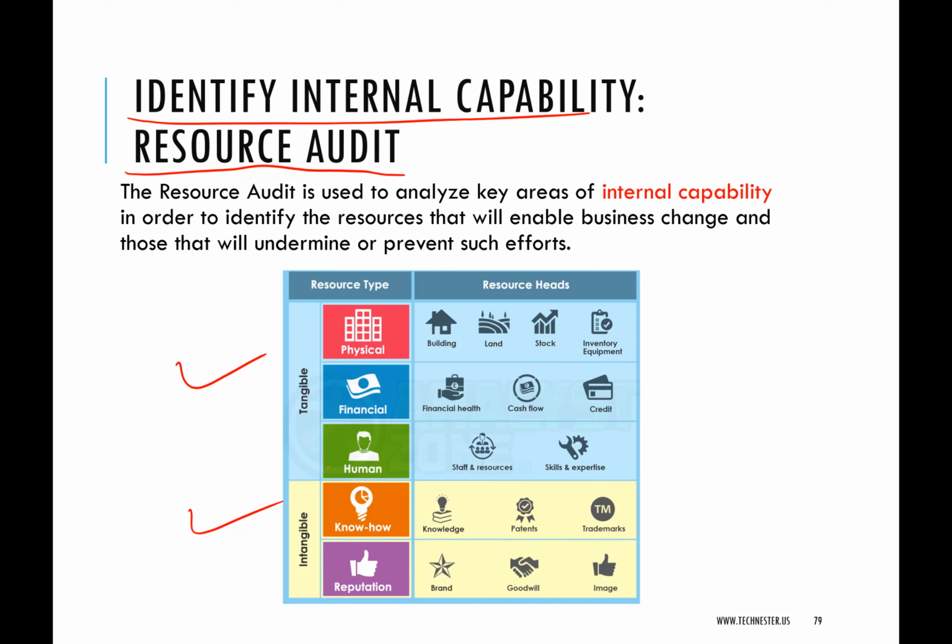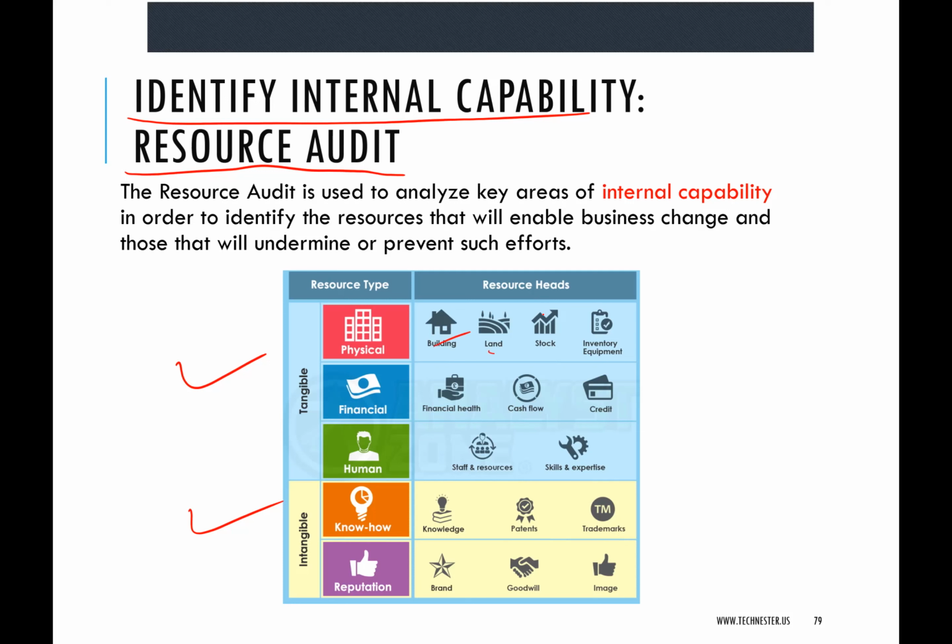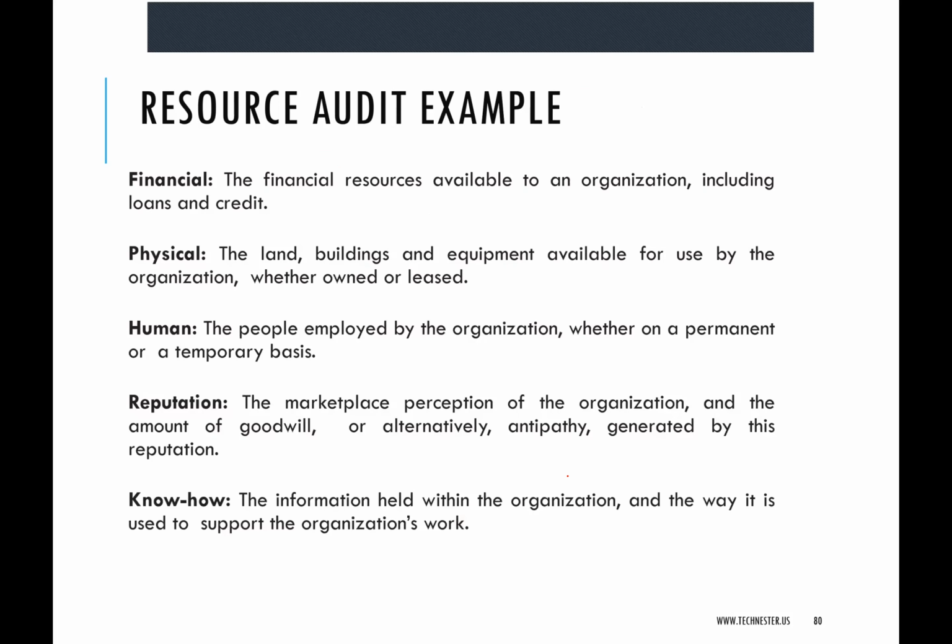So you can now go to the brainstorming meeting and say, okay, first, what are our physical resources? And they will tell you, we have a building, we have land, we have stock, we have inventory, stuff like that. And you document those as strengths.